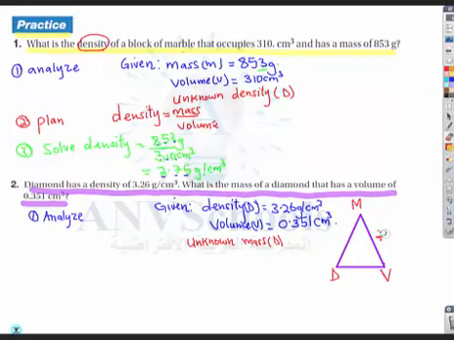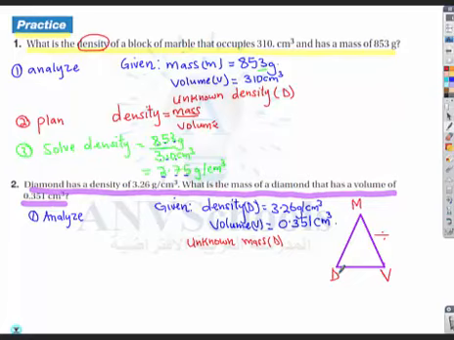Mass divided by volume will give us density, but our challenge is that in this question here, the unknown is mass.